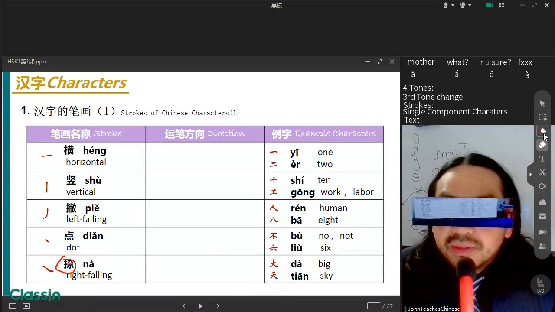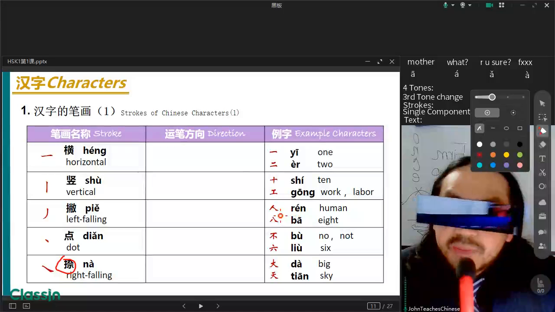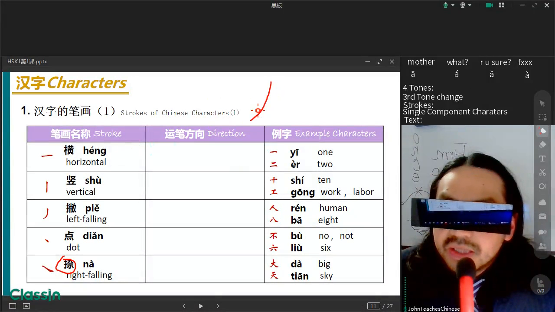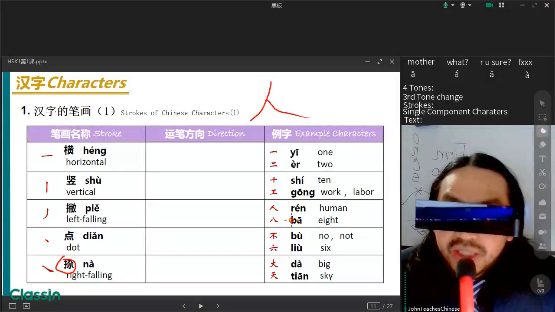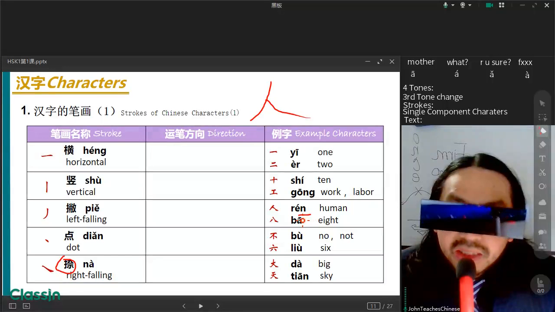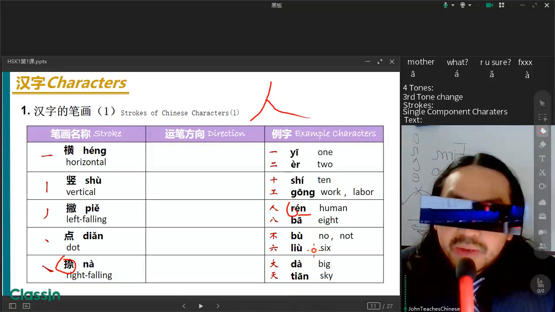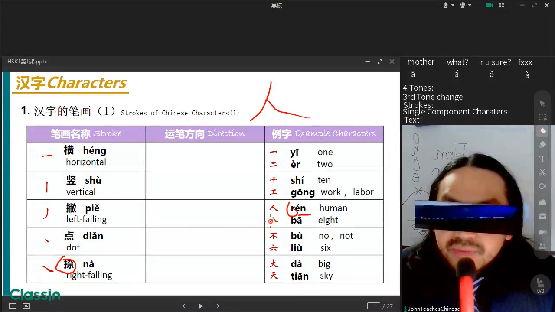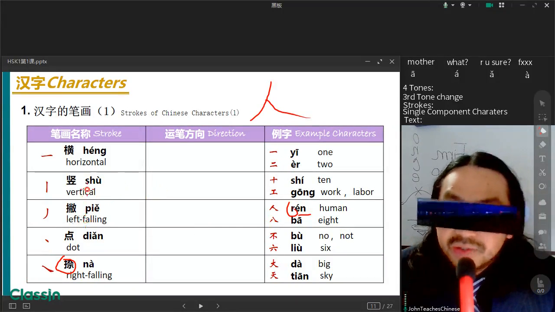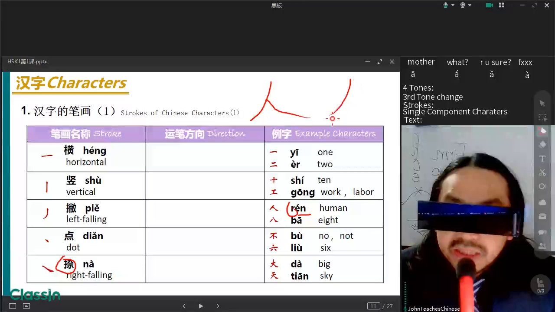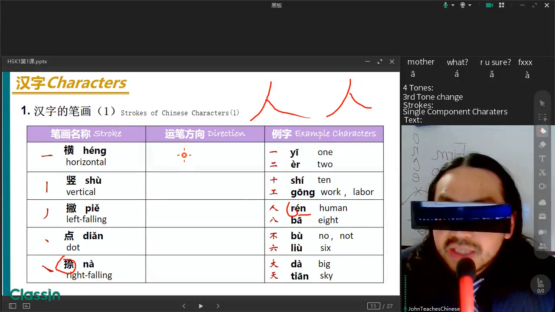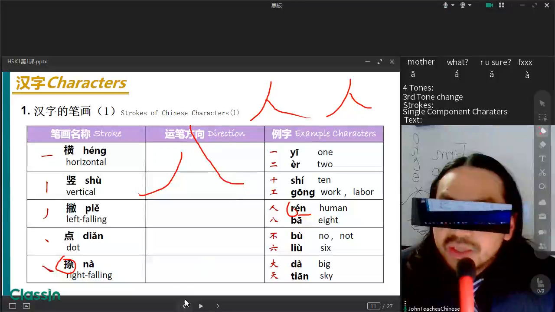Again, when you see this one, the kanji is read 人, ren. This one you do not need to remember. For the time being, it means human. Here our aim is just to get familiar with the strokes. 人.